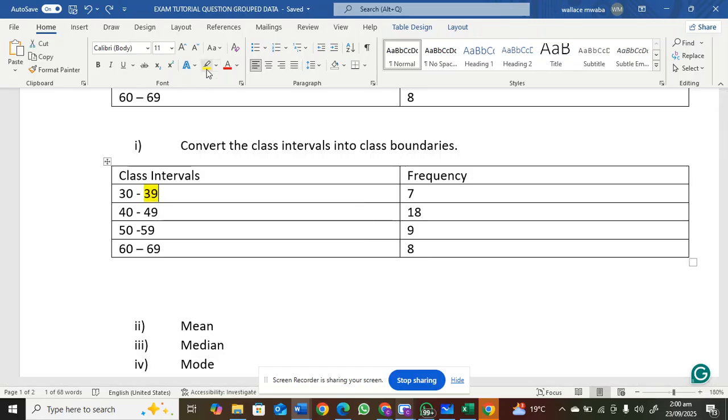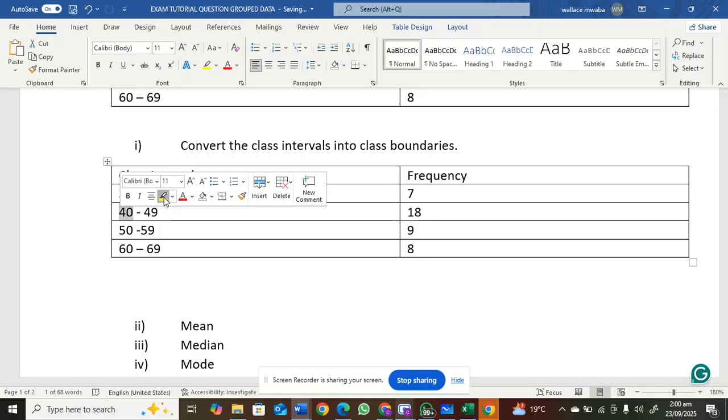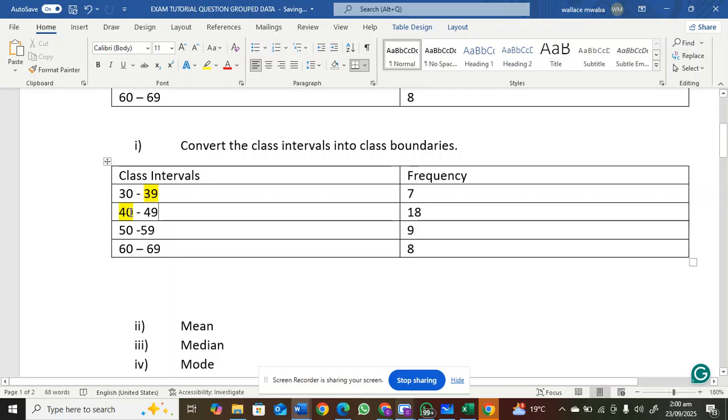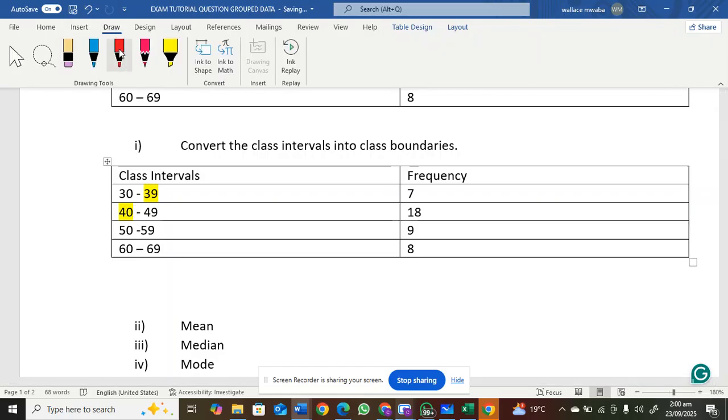So if we look at our first class, our upper limit is 39. Our second class, our lower limit is 40. Okay, so we're going to say 40 minus 39, that gives us 1.